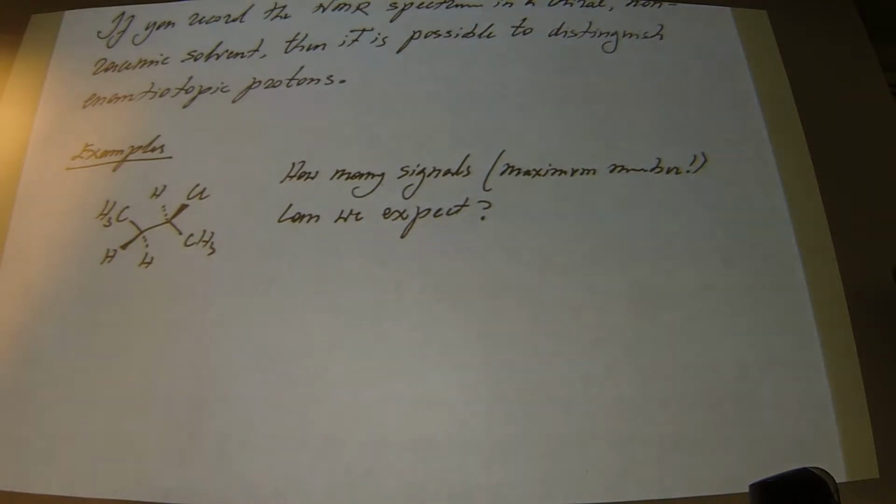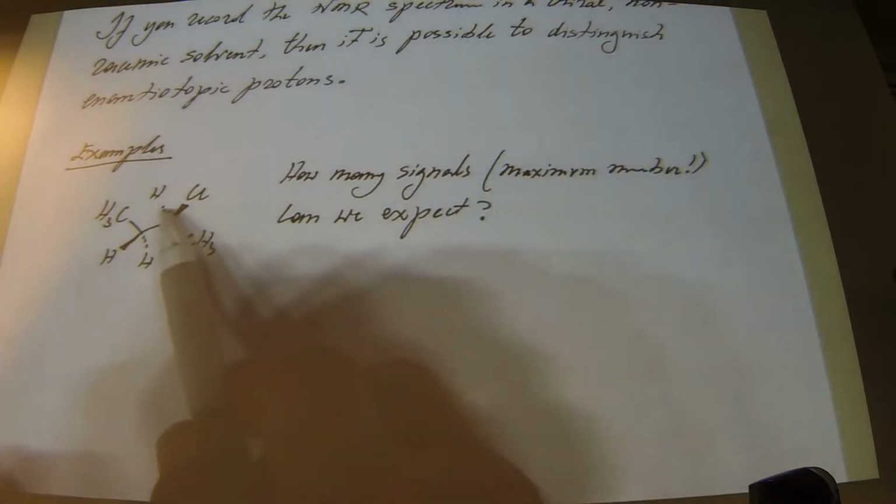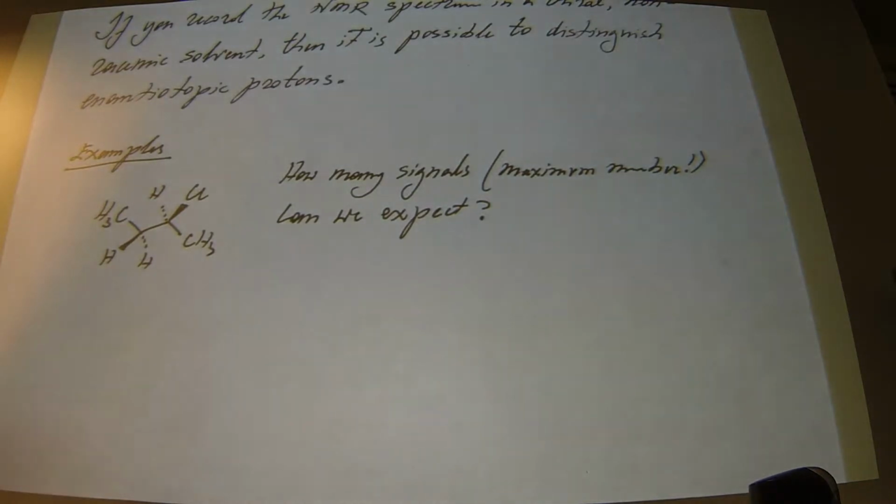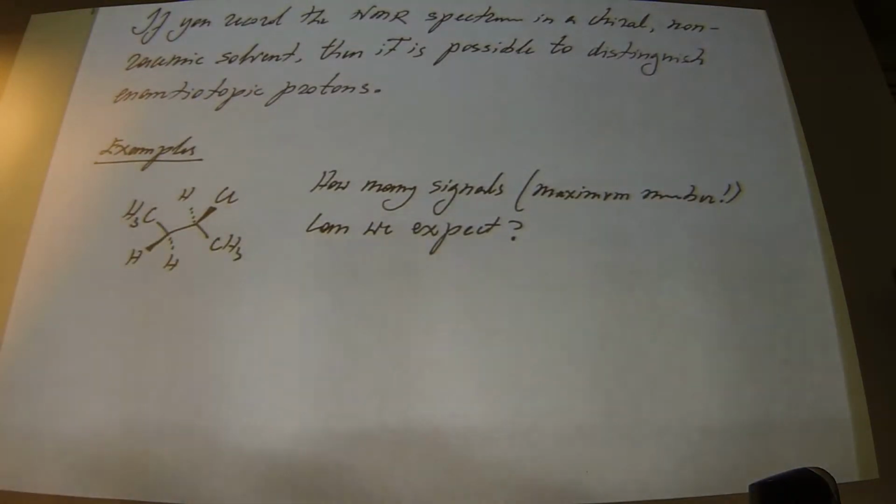Okay, so here I have 2-chlorobutane. And so the question is, how many signals do we expect to see in the proton NMR? Well, we need to figure out, first of all, how many chemically or stereochemically non-equivalent protons do we have. The other thing that I don't mention, but you guys already know, is that if the protons are on different carbons, so for example this one and this one, or have different connectivities, then obviously those are going to be stereochemically non-equivalent.